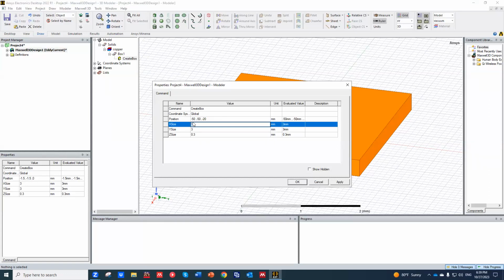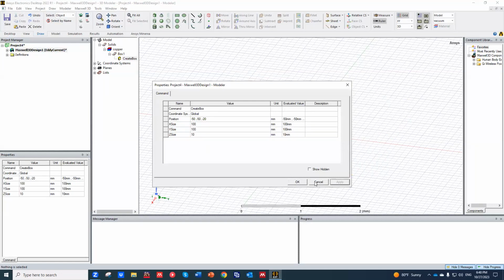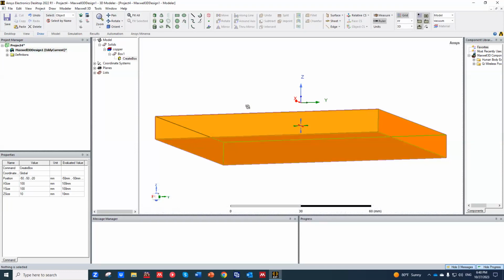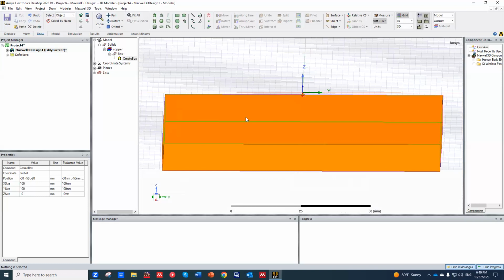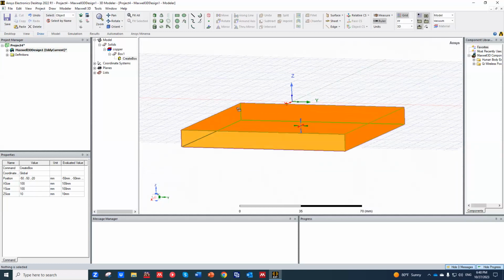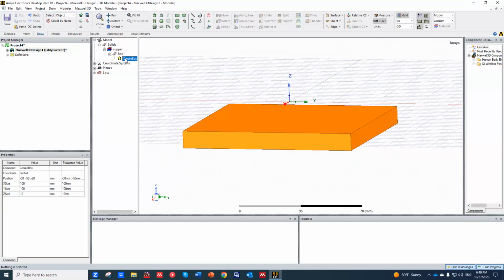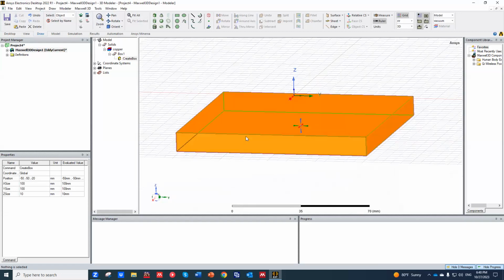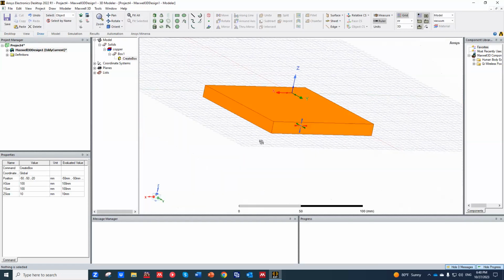X size 100, Y size 100, and Z, let's make it 10. Okay, apply. Okay, and then fit all. That's fine, I guess. So, a metallic slab made of copper.